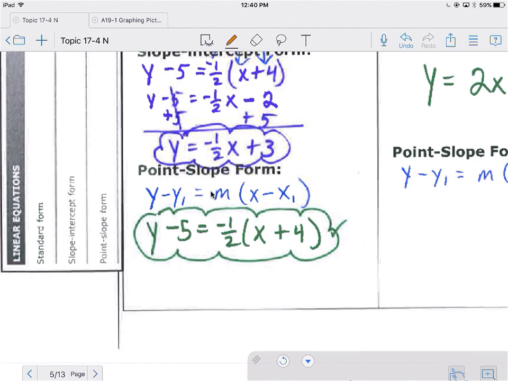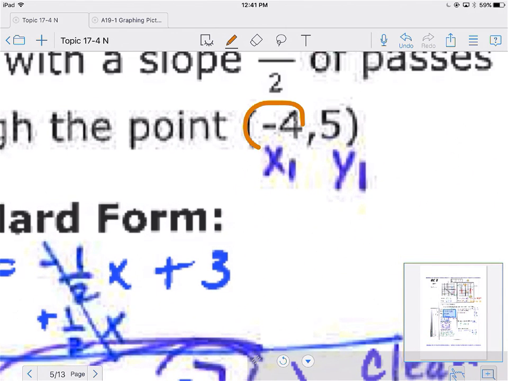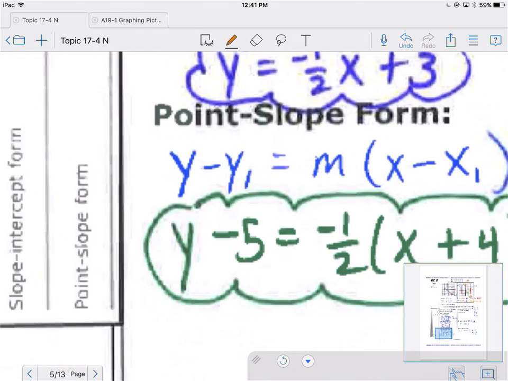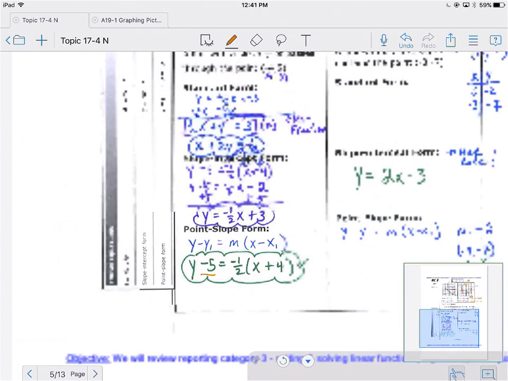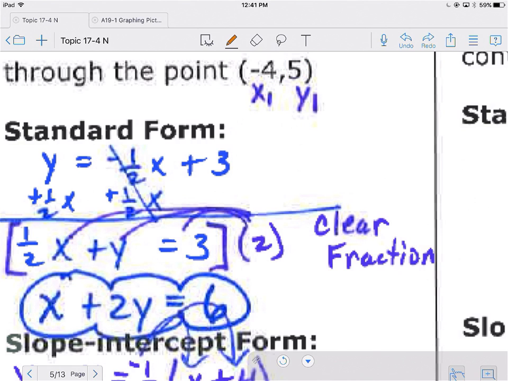In the form, they tell you that you change the signs. So because I have a +4 here, it really means I started with a -4 and changed the sign. Because I have a -5 here, it means I really started with a +5 and changed the sign.